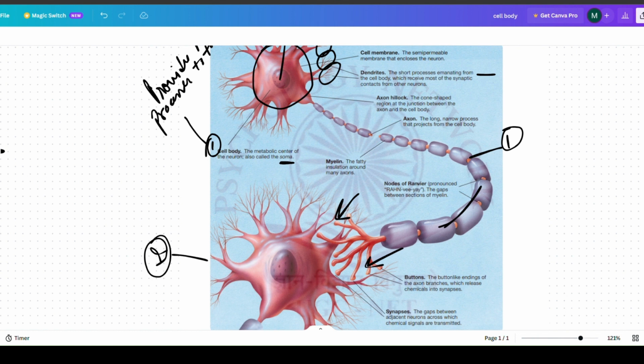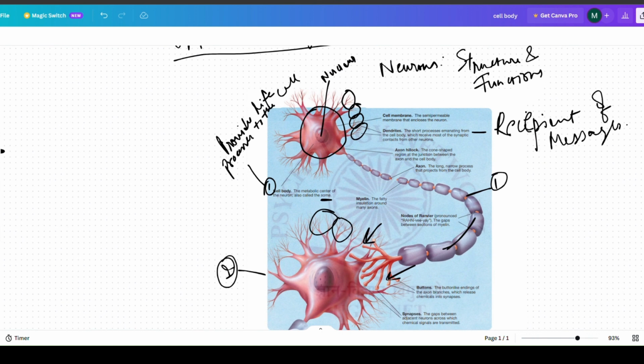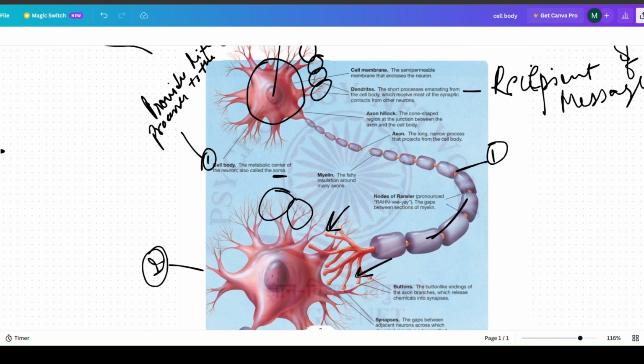Now how will this cell accept it? Through dendrites. So dendrites are called the recipients of messages. And these dendrites are getting messages from another cell as well, if there is a cell here.